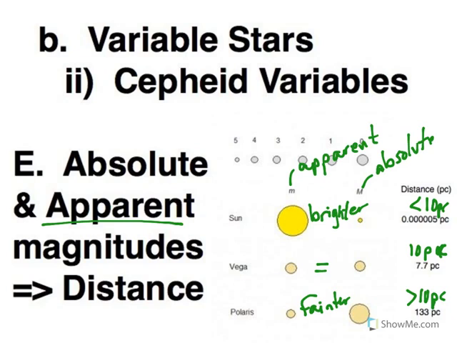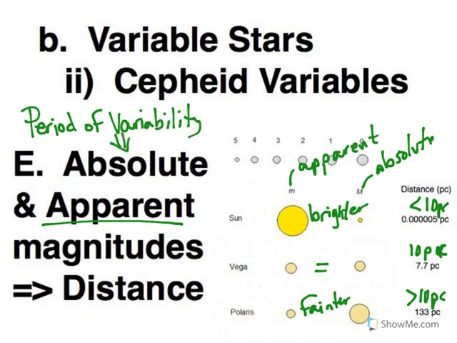Since the period of variability gives the absolute magnitude, and the apparent we just observe, that's how bright it looks in the night sky. So apparent's easy.